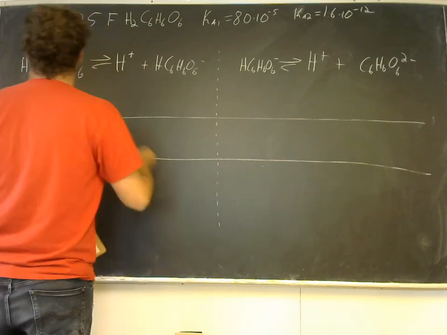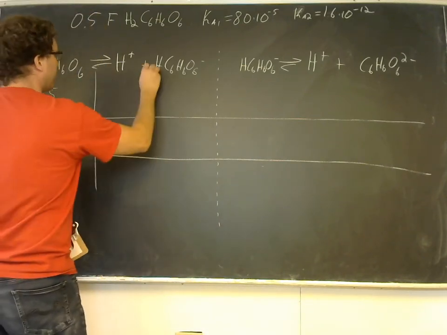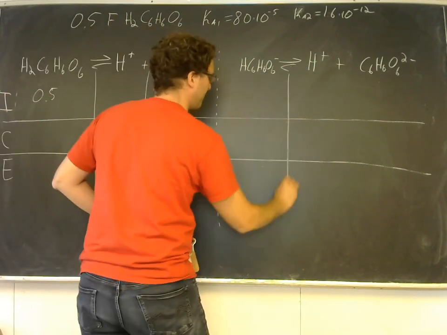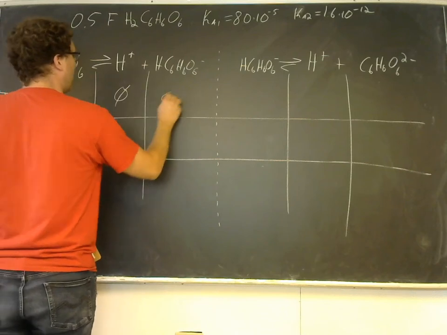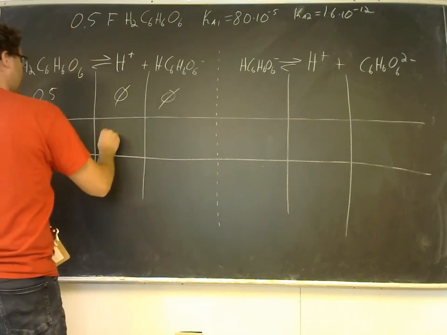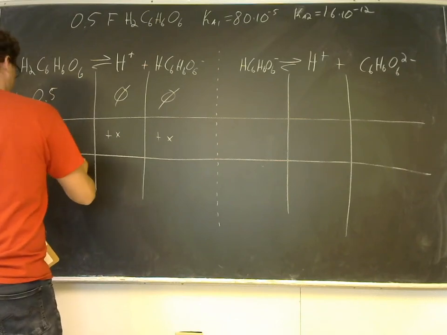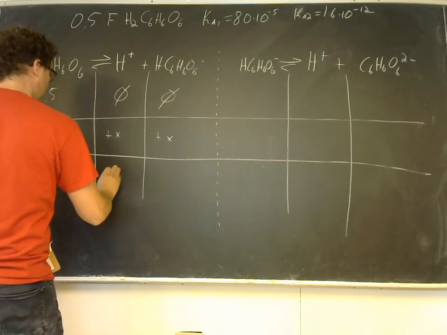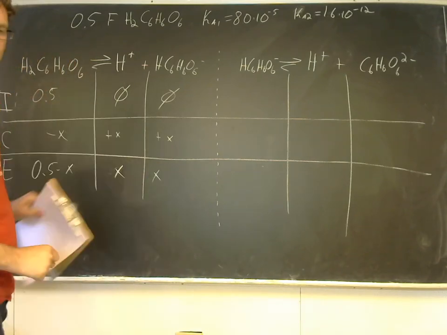We start with 0.5 and 0 and 0, have minus x, plus x, plus x, 0.5 minus x, x, and x. So let's solve this one to start with.